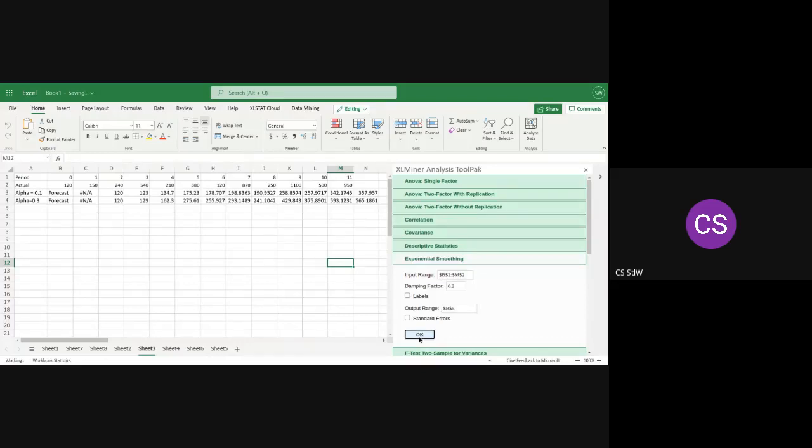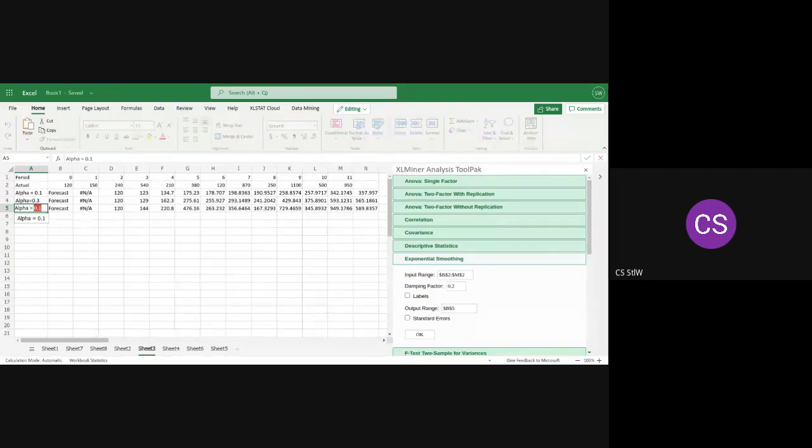So this is where our alpha is equal to 0.8. Remember, the damping factor is always going to be 1 minus the alpha.